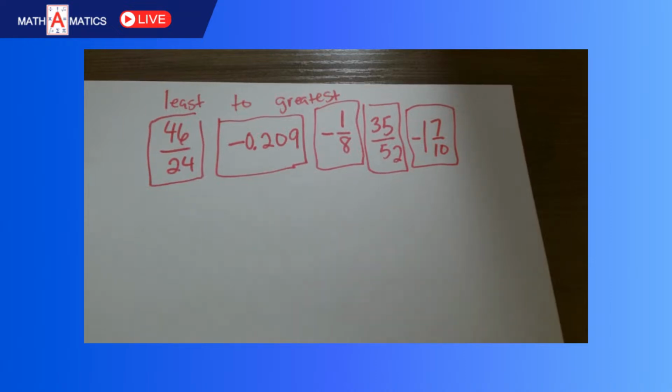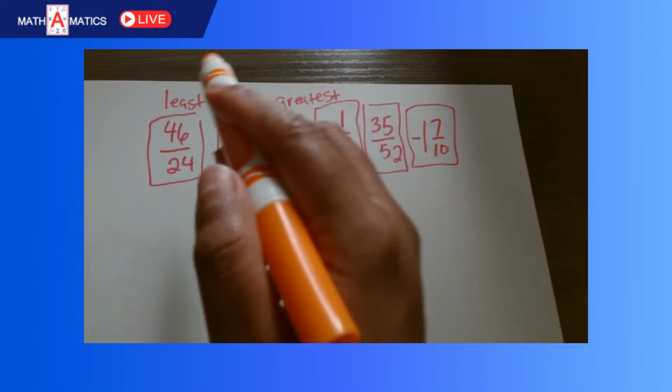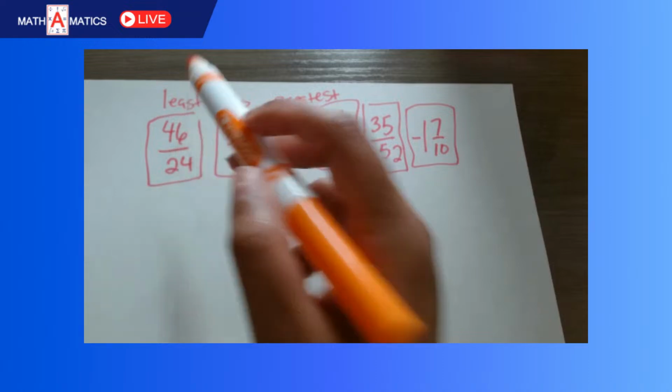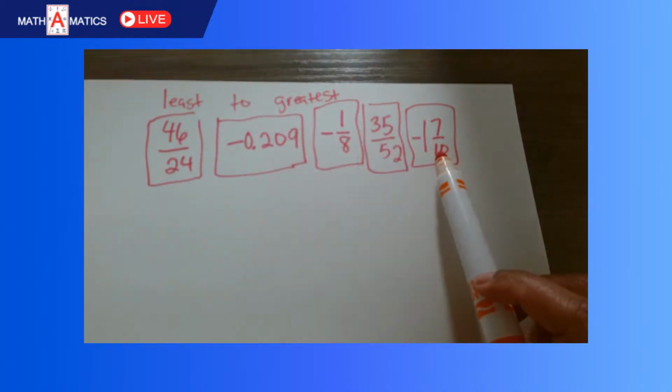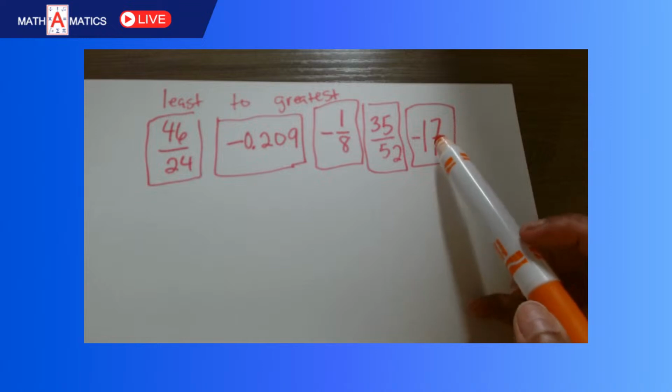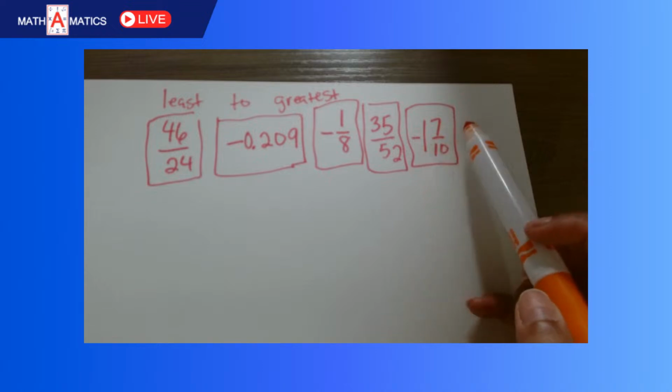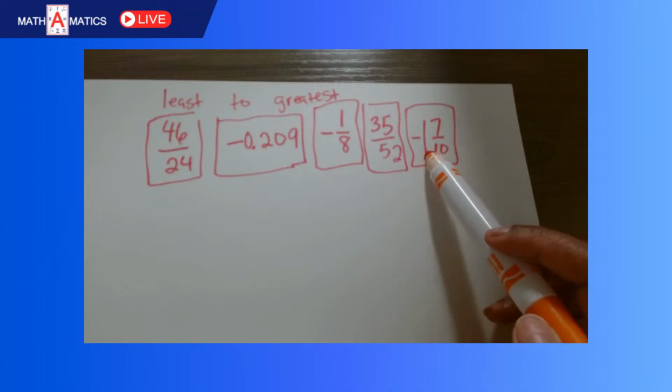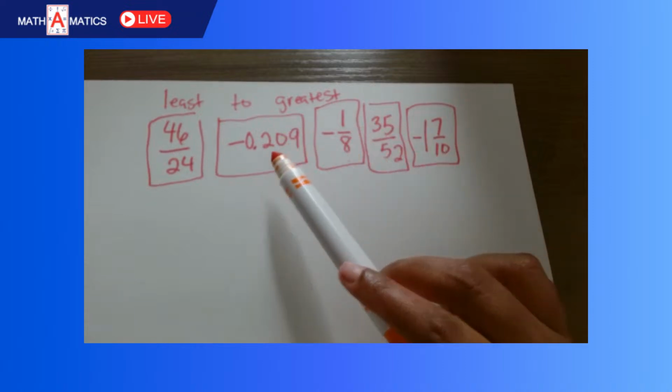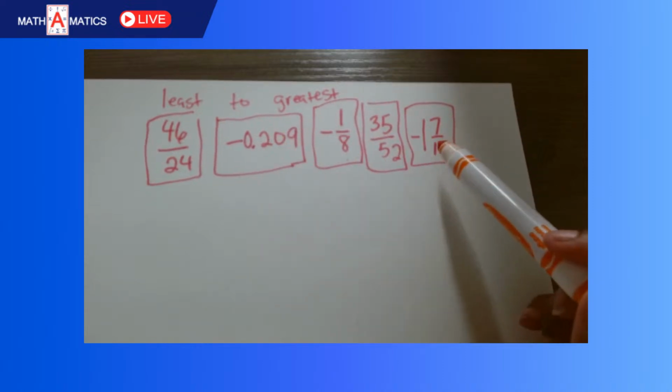The fractions don't really look like we can tell too much about which ones are which, but there's a few things I noticed right off the bat. Since we're saying the least, that's the smallest. When I look at our negative numbers, our smallest would be this negative 1 7/10, just off the fact that we have a negative 1 here and none of our other negatives have a whole number. So that is the most negative.